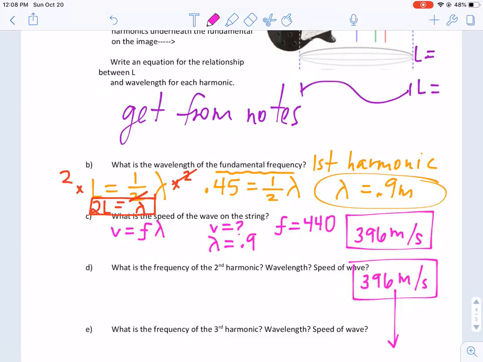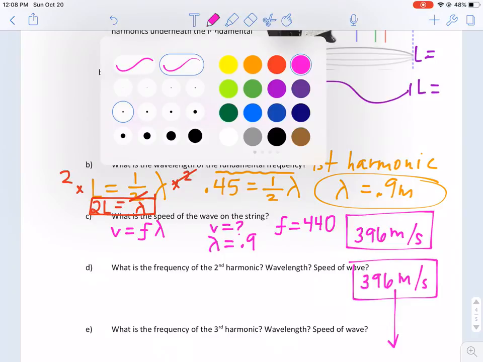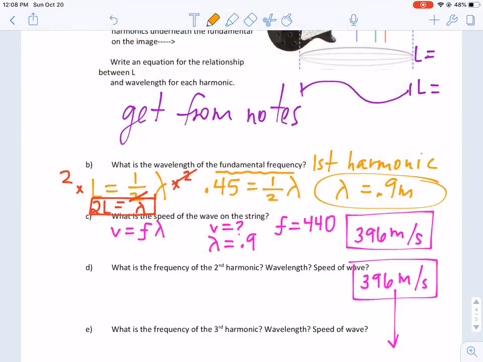Now, there's many ways to do this, but let's just do it with our original formulas. So we first need to look and see for the second harmonic, what is the formula that you've written that compares length and wavelength? Well, it's the easy one. Length equals wavelength. So 0.45, the length of the string, equals your wavelength.